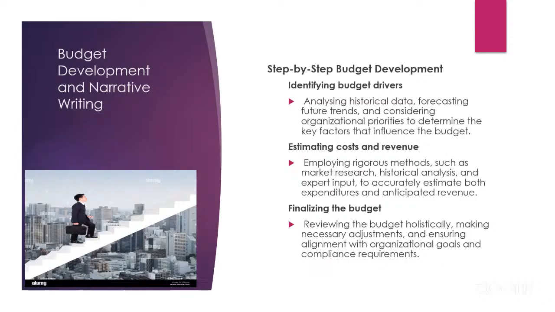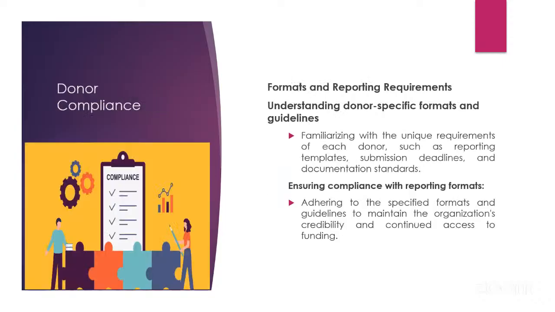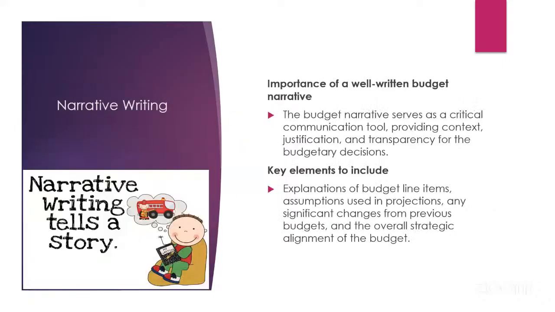After we've done our budget in figures, we need to have a narrative budget that now speaks and explains the figures. Sometimes the numbers tend to be vague. If you just have numbers without narration, they tend not to have meaning.